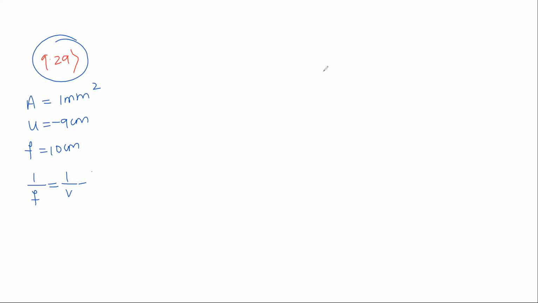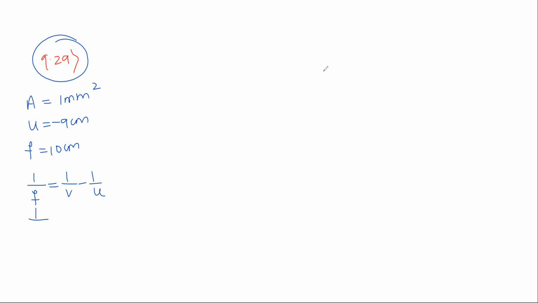So area of each square A is given. They have given A equal to 1 millimeter square, object distance u is equal to minus 9 centimeter, focal length of the converging lens f is equal to 10 centimeter. So for image distance v, the lens formula is 1 by f is equal to 1 by v minus 1 by u.